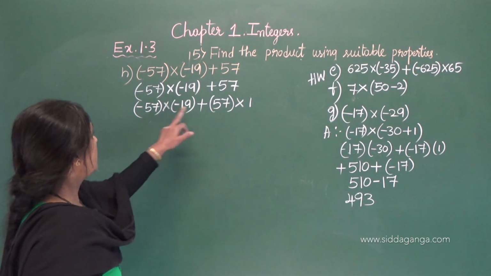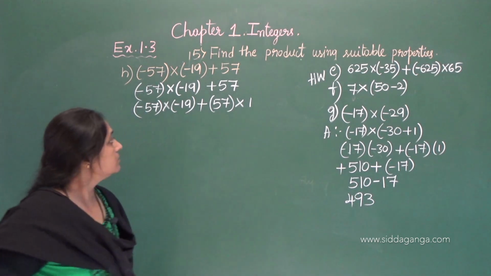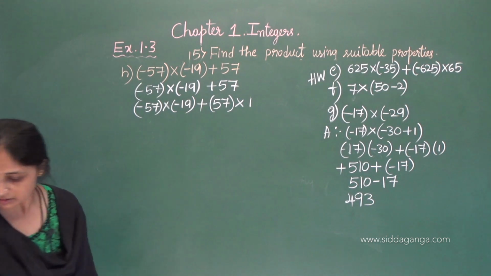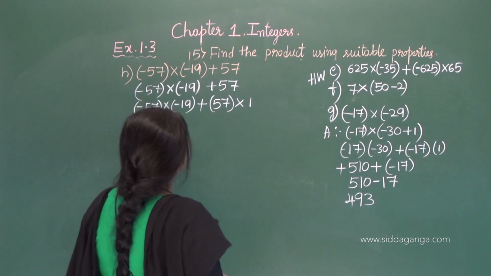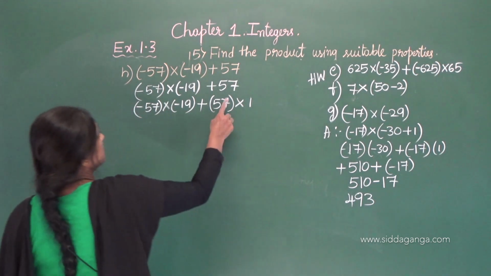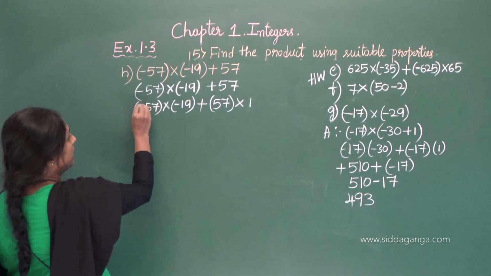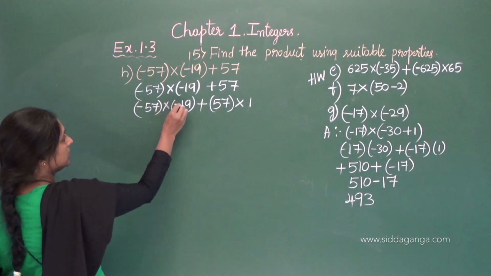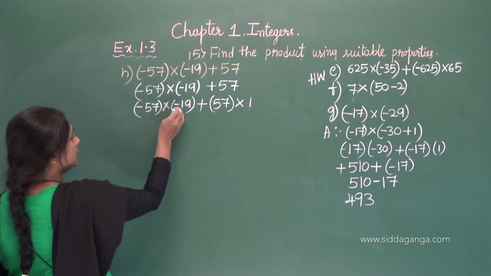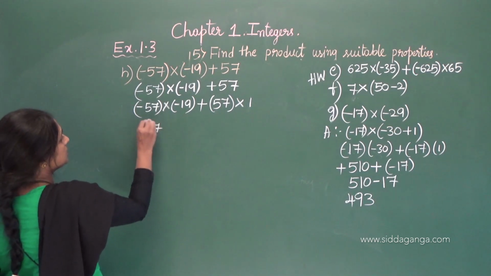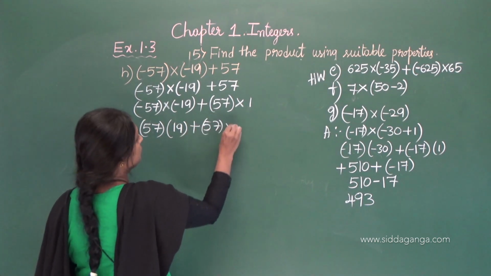Here we can't take minus 1 because the given number is plus 57, so we have to take only 1. Now minus into minus is plus, so we get 57 into 19 plus 57 into 1.